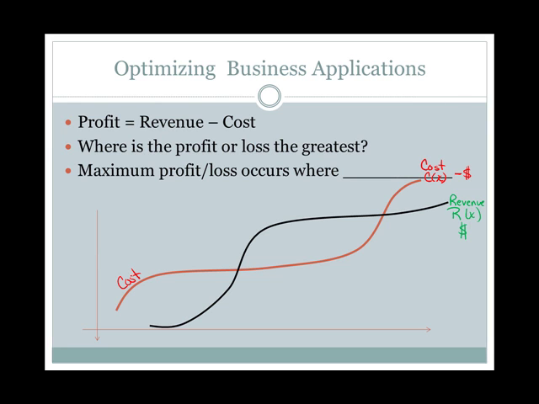And so the problem here is that our cost is greater than our revenue. So if we were to subtract our revenue minus our costs, our profit would be negative because our cost is more than our revenue.